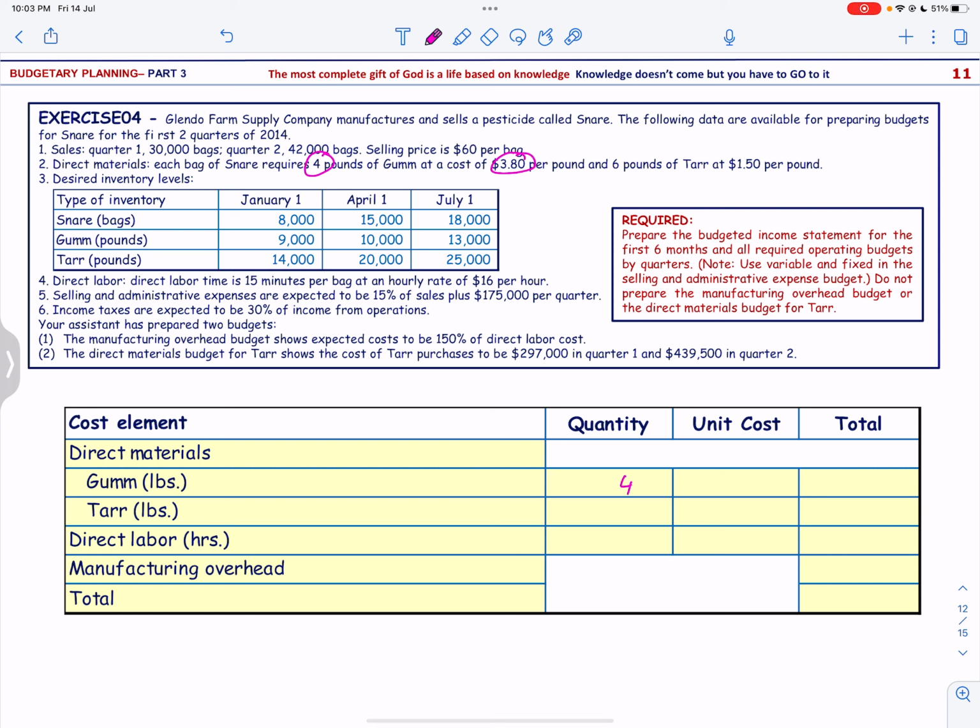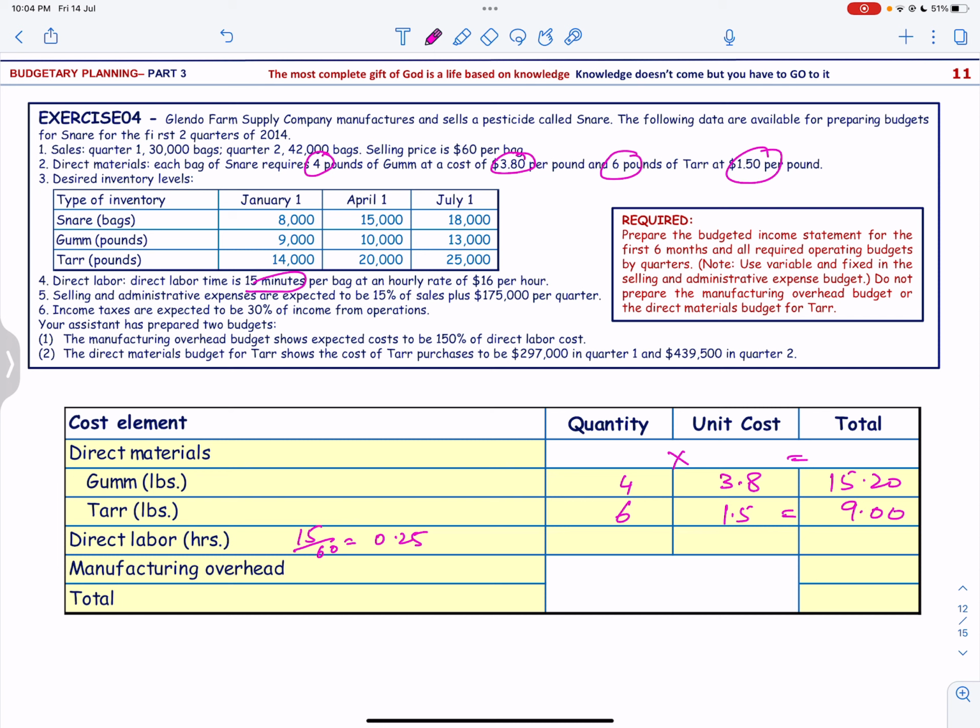So 4 and 3.8 gives us 15.20. Quantity times units sold is equal to the total. For tar, it is 6 pounds times 1.5, and that is equal to 9. The direct labor is again 15 minutes, which when you convert into hours will be 0.25 hours.